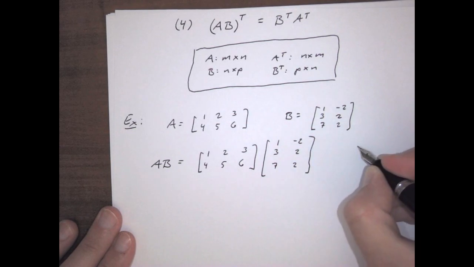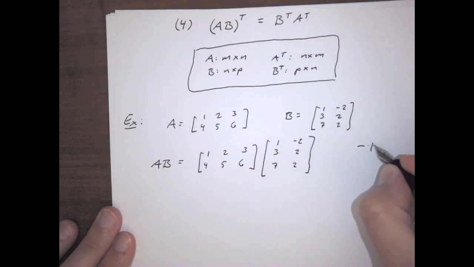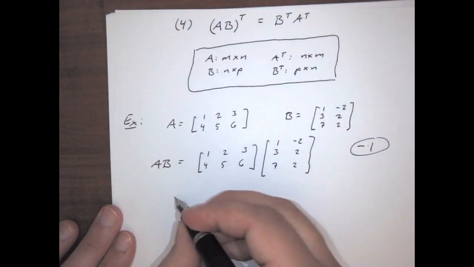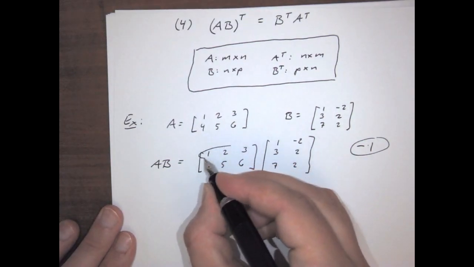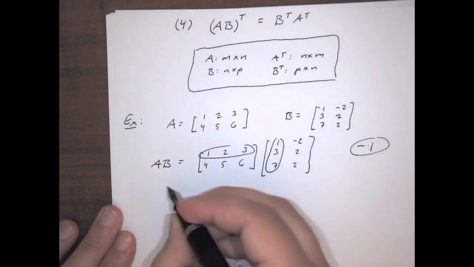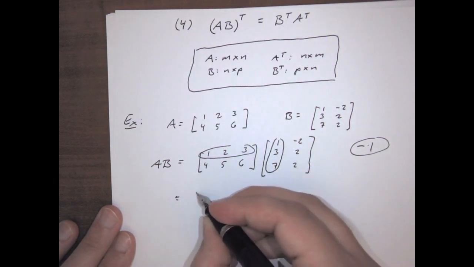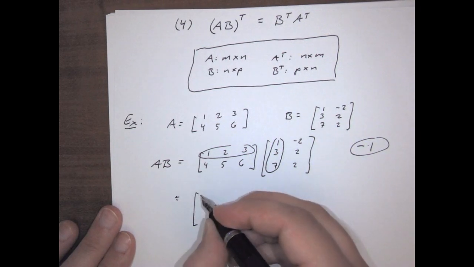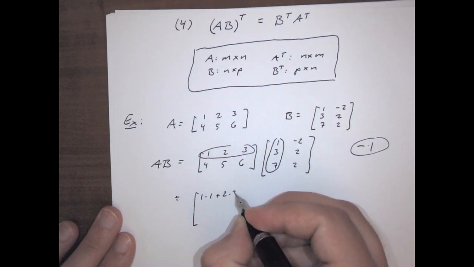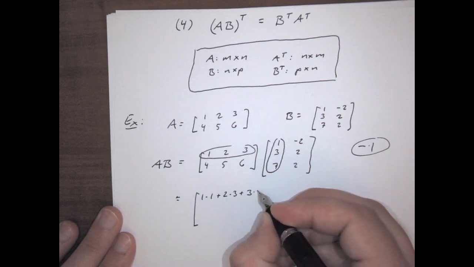And the key mystical symbol here is row dot column. So row and column make the first row column. So 1 times 1 plus 2 times 3 plus 3 times 7.